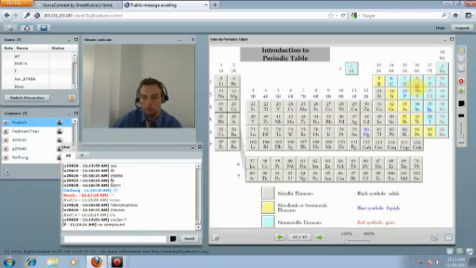And so we have these 3 major groups: the semi-metals, the gases, and the metals. And we know that these columns are the groups, these rows are the periods, and the elements are getting larger as you go from left to right and from top to bottom.